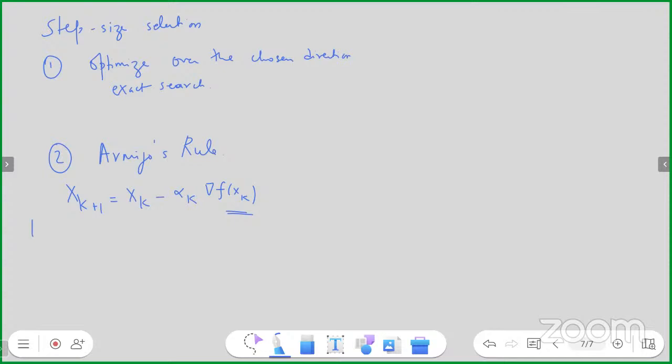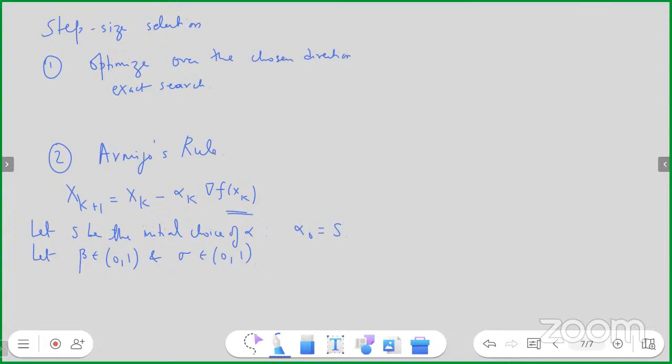So let s be the initial choice of alpha, that is alpha_0 is equal to s. Let beta belong to (0,1) and sigma belong to (0,1), two constants between 0 and 1.